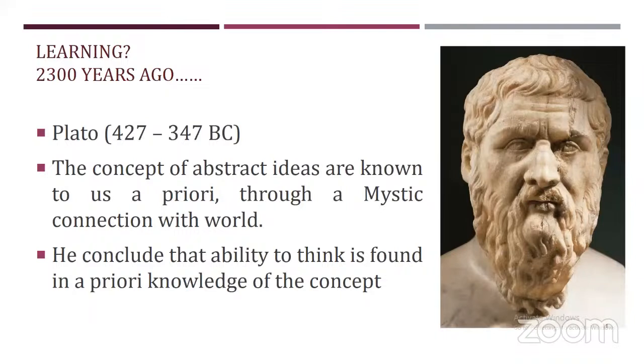We can all relate to this: how is a newly born child able to recognize his or her mother? This is really amazing. According to Plato's theory, the newly born child is able to recognize his or her mother because the child has a prior connection with the mother. Because of that prior connection, the child is able to recognize.